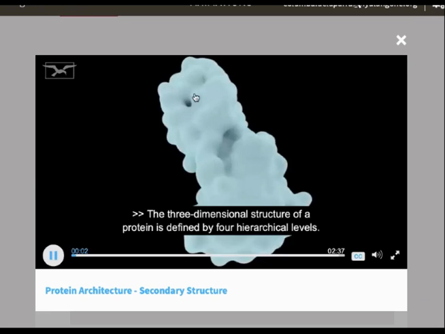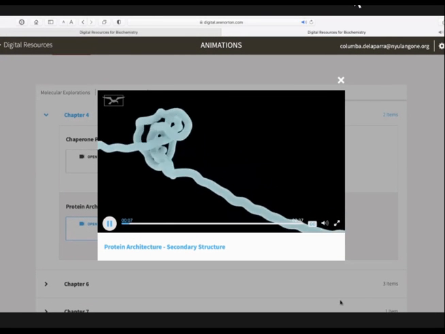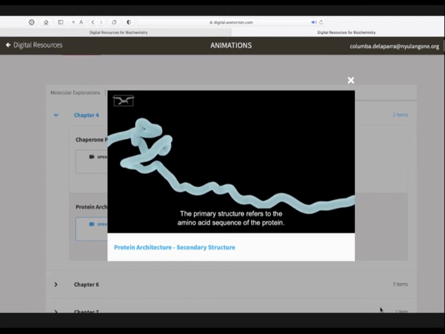The three-dimensional structure of a protein is defined by 4 hierarchical levels. The primary structure refers to the amino acid sequence of the protein. A protein's secondary structure describes the arrangement of local regions of the polypeptide backbone. Tertiary structure refers to the spatial location of all the atoms in a polypeptide chain. Finally, quaternary structure describes how different polypeptides are arranged within a complex.